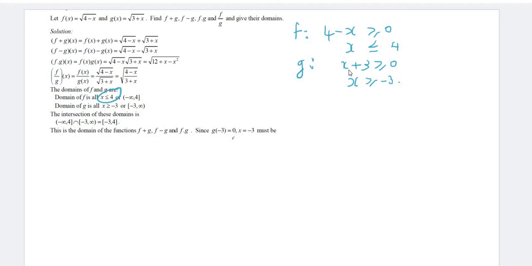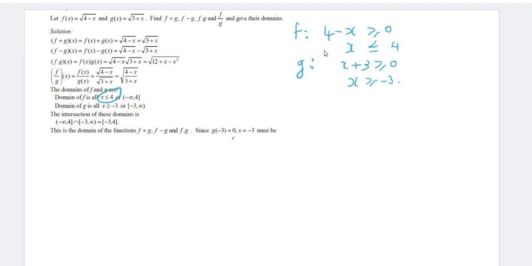So you must make one domain out of f and g. That will be true for the first 1, 2, 3 of them. In other words, it will be true for adding, it will be true for subtraction, and it will be true for multiplication. But for the division, you must make sure that you don't divide by 0.